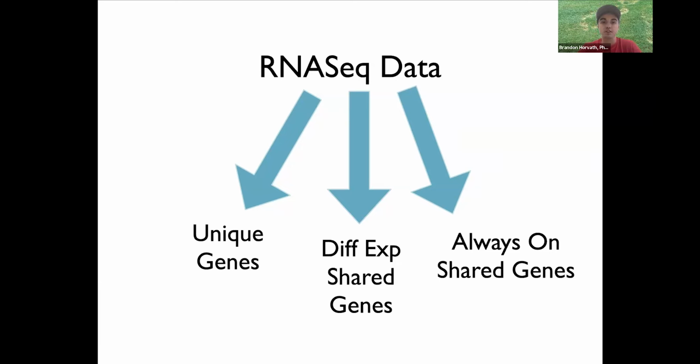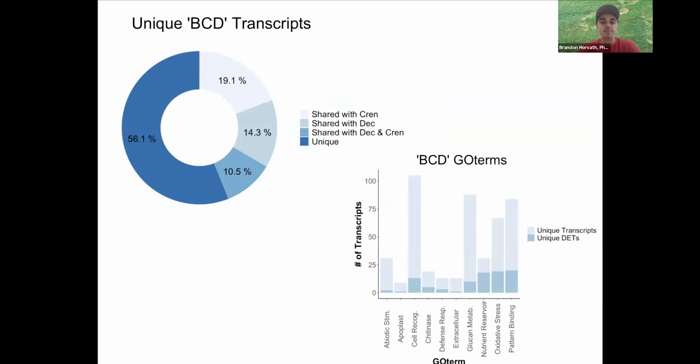And so if we look at some of the results that we got, this is looking at just unique transcripts within the colonial bentgrass. Looking at this donut plot here on the top left, you can see that 56.1% of the genes I sequenced were unique to the colonial bentgrass, versus the other 43.9% being shared either with Declaration or Crenshaw individually, or shared between both creeping bentgrass cultivars.